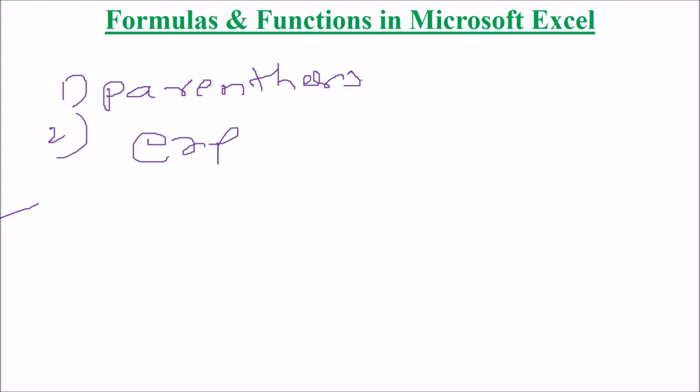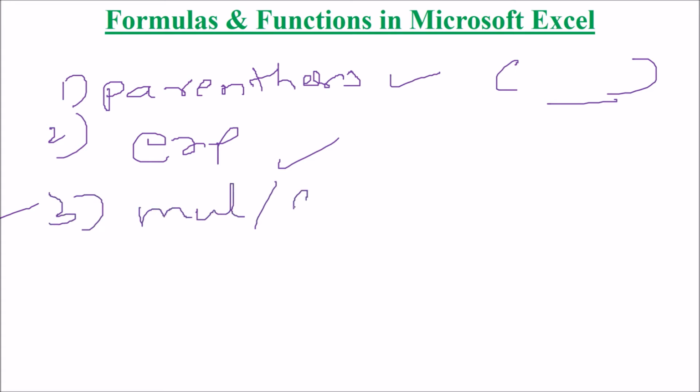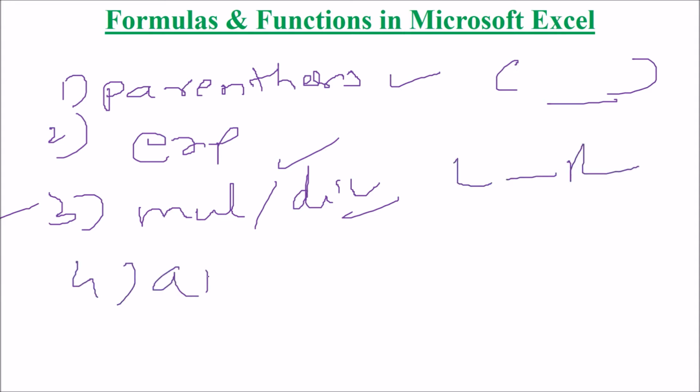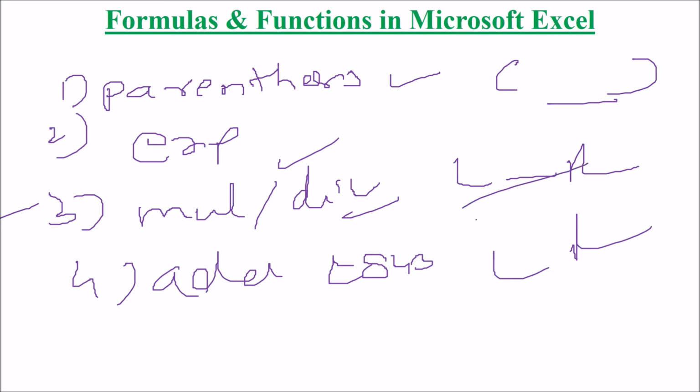Parenthesis means computation enclosed in parentheses is performed first, and computation involving exponents is performed next. Then we have multiplication and division, performed in the order in which they occur from left to right. And then we have addition and subtraction, also performed from left to right. So in general, the calculations are performed from left to right, with multiplication and division performed before addition and subtraction.